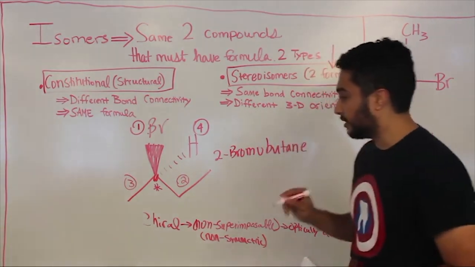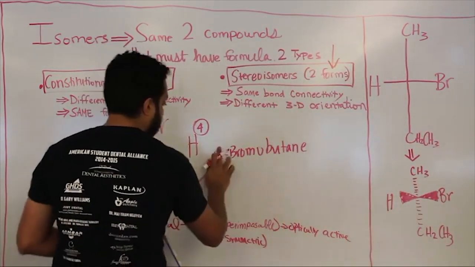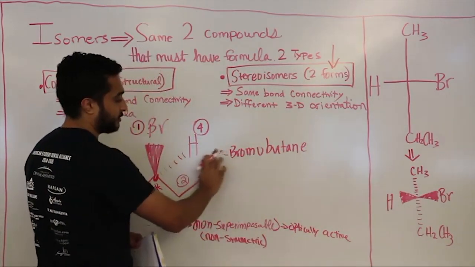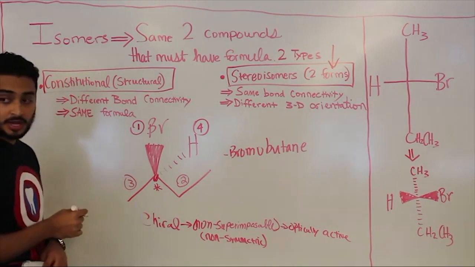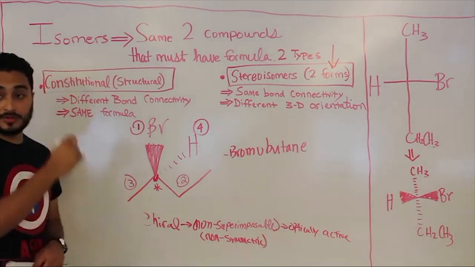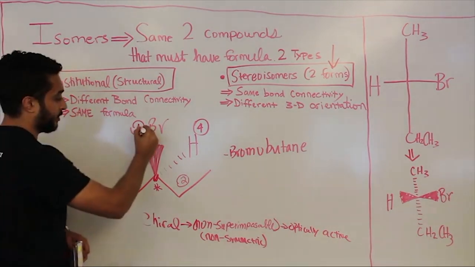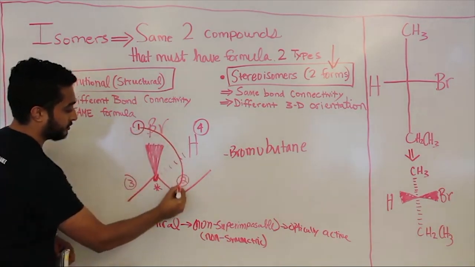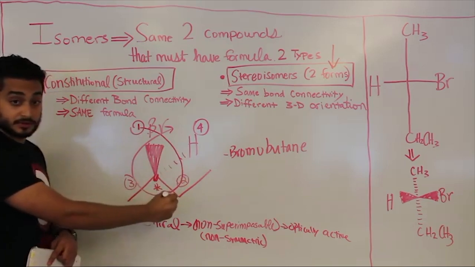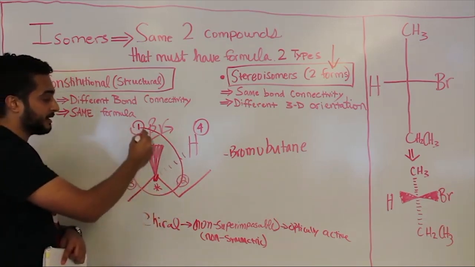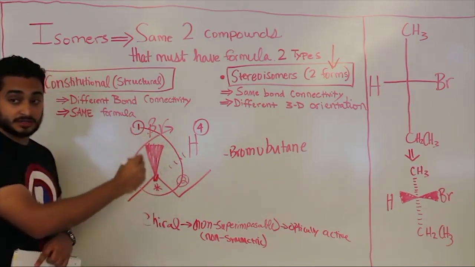But what we need to know is the letter that corresponds to the 2. What we do is you look at the structure and you go in order from 1 to 2 and you make a circle, okay? So 1, 2, 3, and then 4. So you have to go this way to get to 2 first, right? And then you look at which direction it's going.